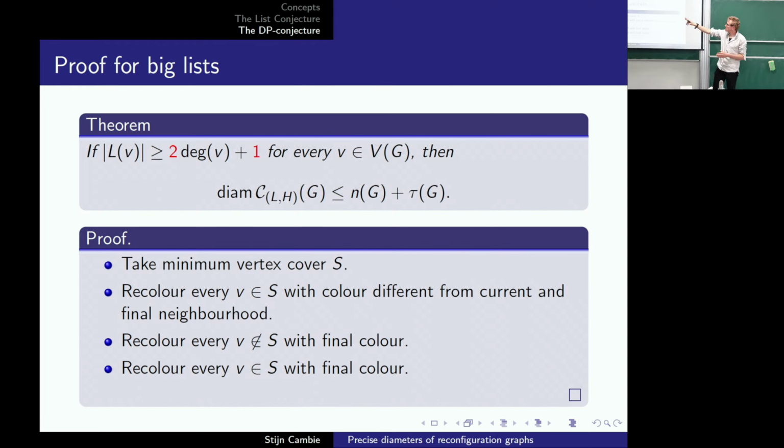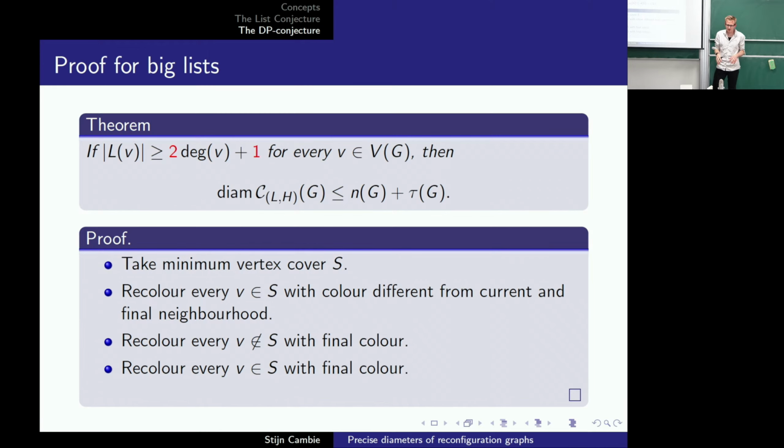We have 2 times degree plus 1 colors. We have degree v neighbors, so we can consider, okay, degree v colors are forbidden. But there are also degree v colors under beta. We forbid these as well, and we pick a different color. We do this for all of them, since we have one available color.